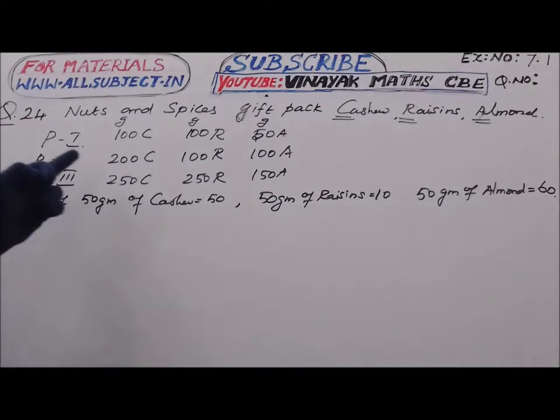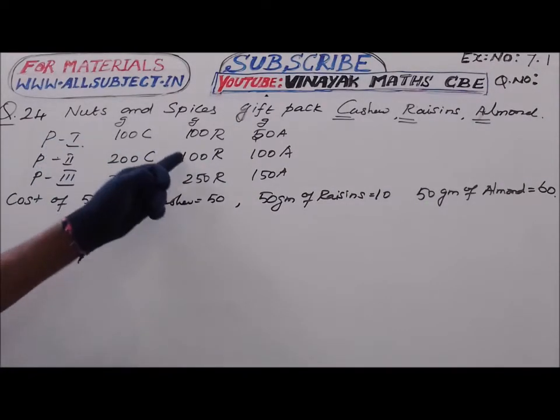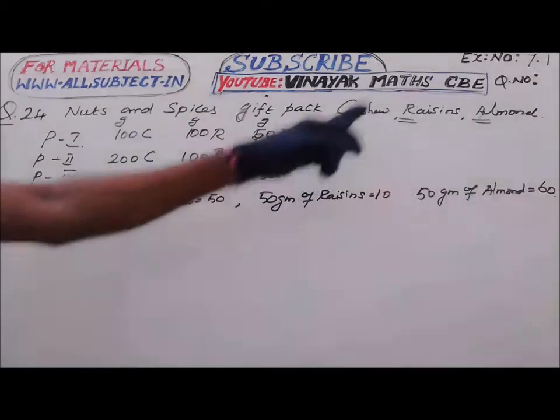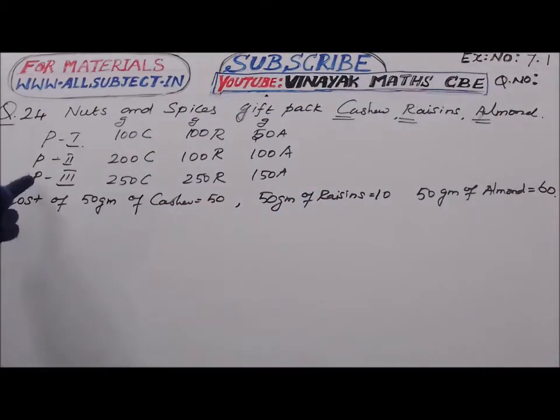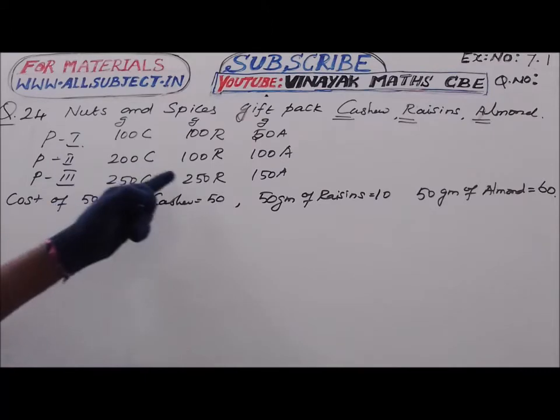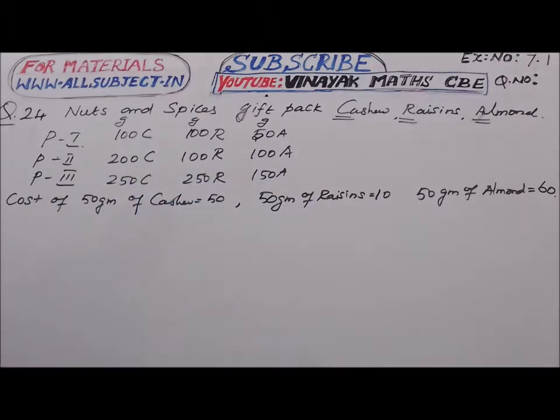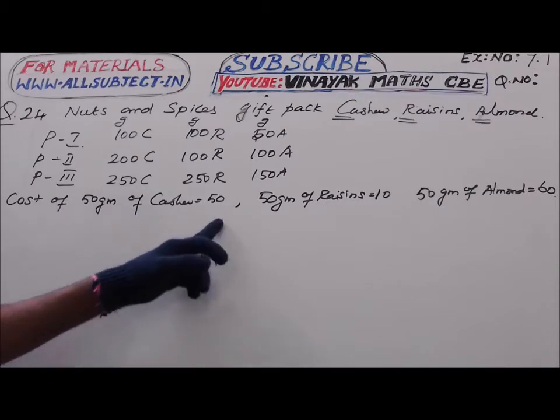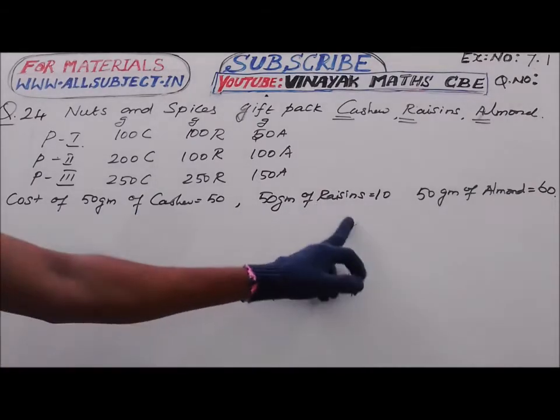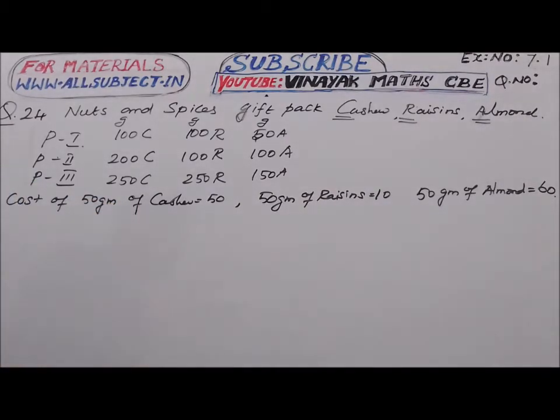In pack 2, 200 grams of cashew, 100 grams of raisin and 100 grams of almond. And pack 3 contains 250 grams cashew, 250 grams raisin and 150 grams almond. And the cost of 50 grams of cashew is 50 rupees, 50 grams of raisins is 10 rupees and 50 grams of almond is 60 rupees.